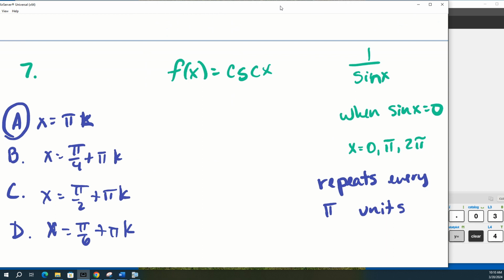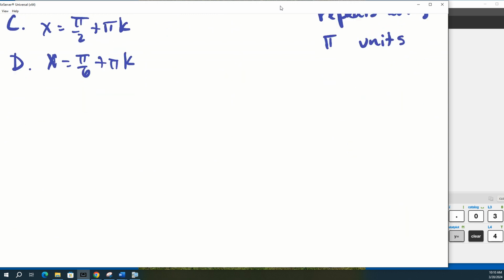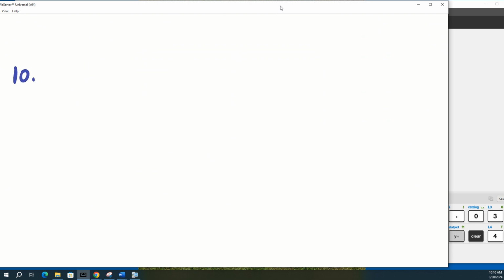And then when you get to the ones like number 10, so this is secant.